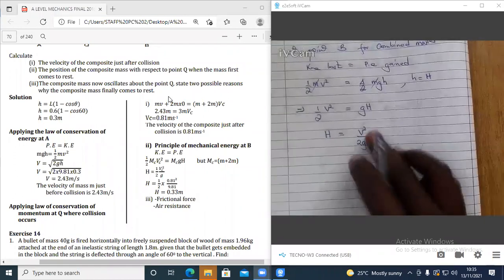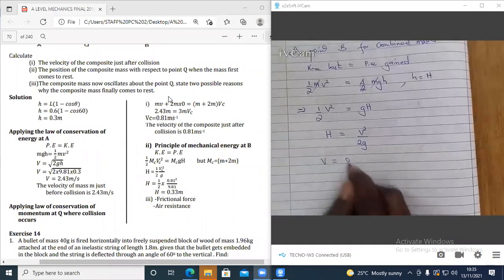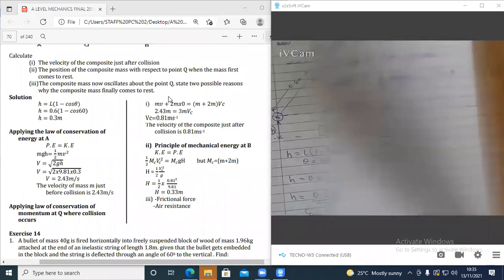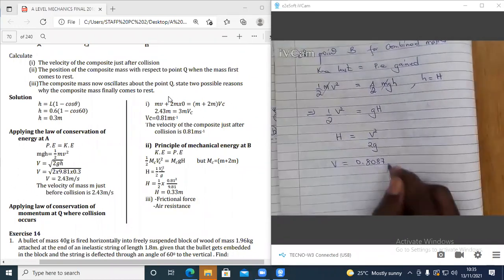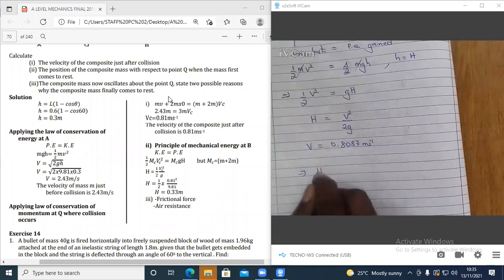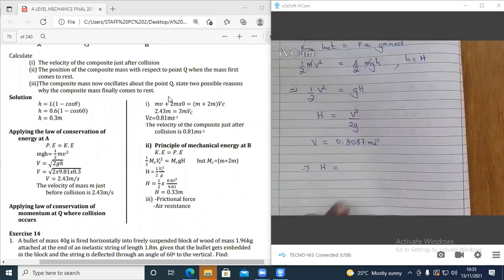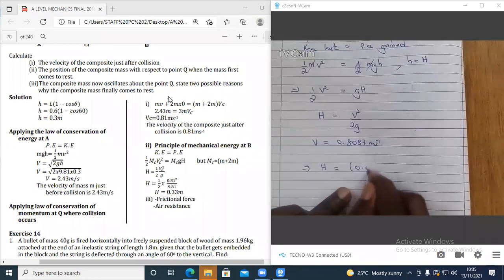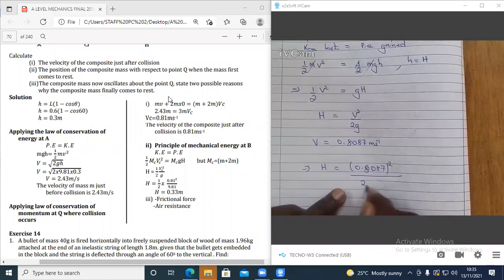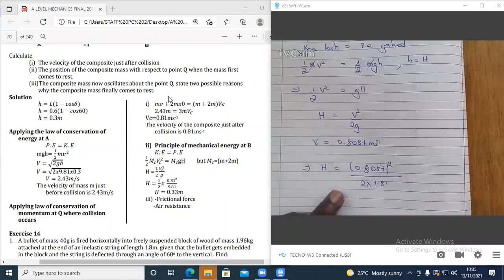But v we have already calculated; we said v is equal to 0.8087 meters per second. So H will be equal to 0.8087 squared divided by 2 times 9.81.